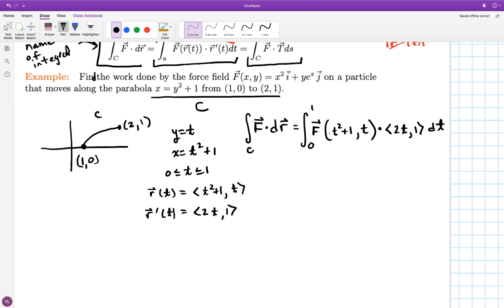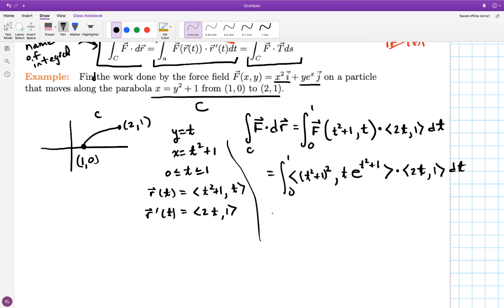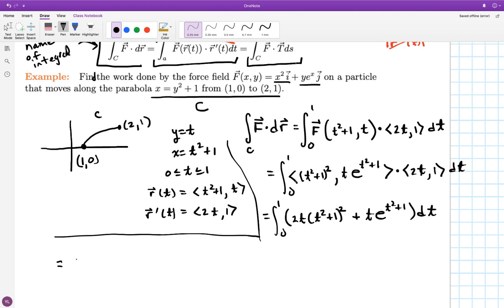And then I want to carefully put in the components of the parameterization into the vector field. So I'm computing right here what the force vector is at any point along the parameterized curve. So look up at the force field to its definition to get that force field vector. And now I take a dot product, and I'm left with the Calc 1 integral to integrate.